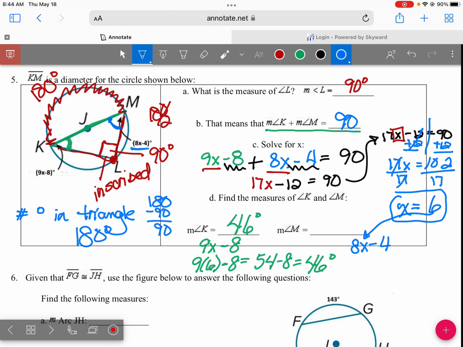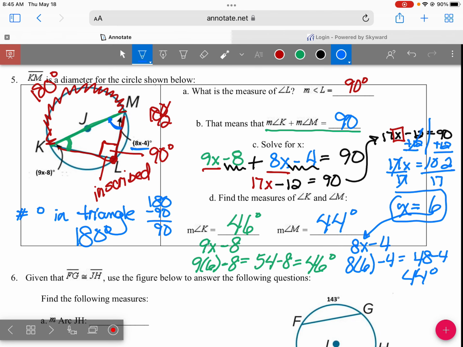Substitute 6 in place of x, so that's 8 times 6 minus 4, which is 48 minus 4, which is 44 degrees. And I had a bright young man ask, do we really need to calculate that second one from that expression? Couldn't we just take 90 minus 46? That is correct, because these two angles add up to 90, so you could take 90 minus 46 to get the 44. Either way works.